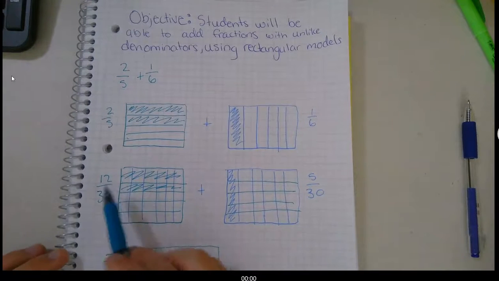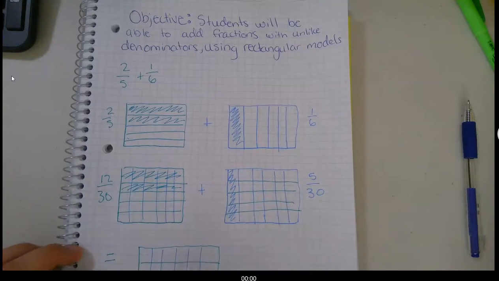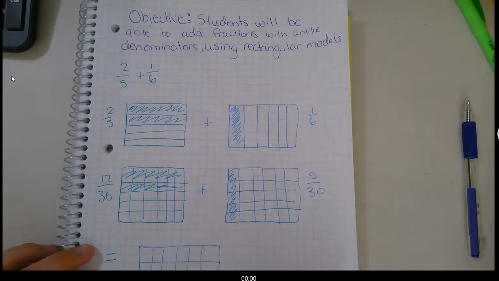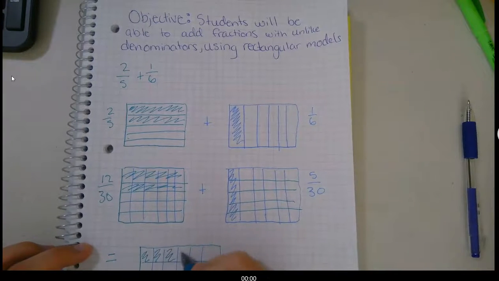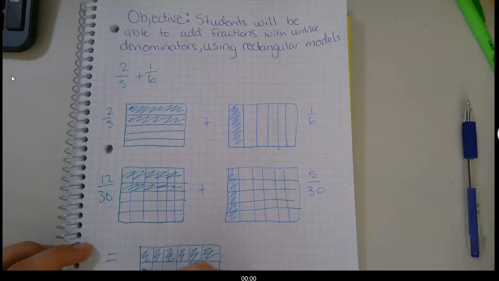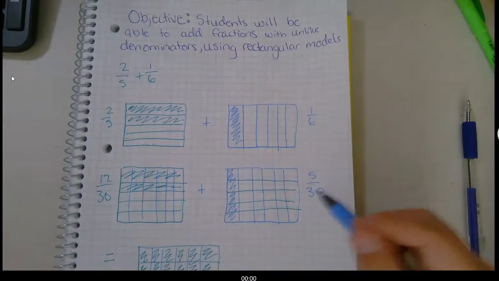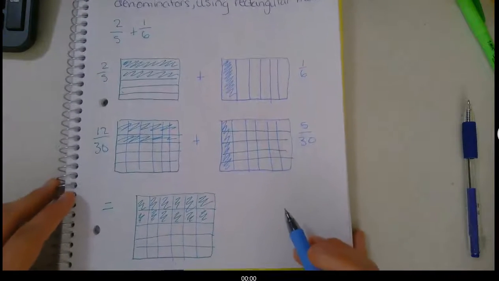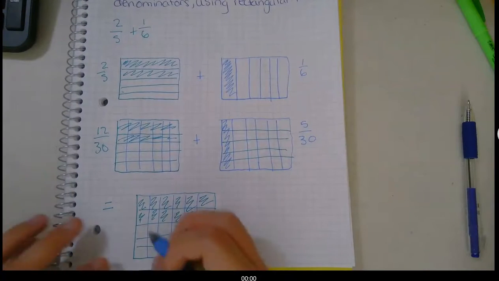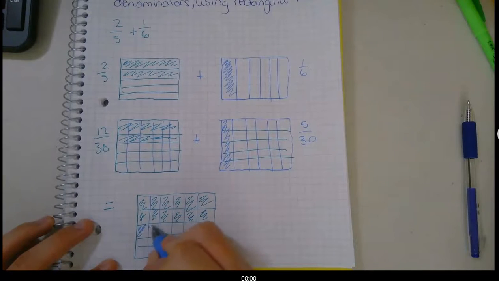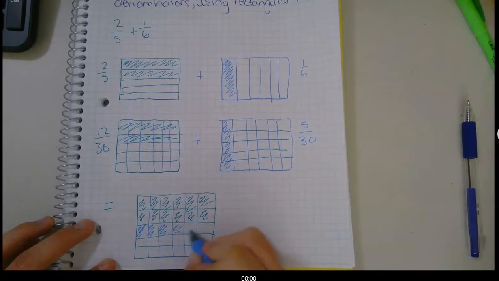So you have 12/30ths, so you're going to shade in 12 of the portions. 1, 2, 3, 4, 5, 6, 7, 8, up to 12. And then you're going to shade in 5 of the portions because you're going to add the numerators. 1, 2, 3, 4, 5.